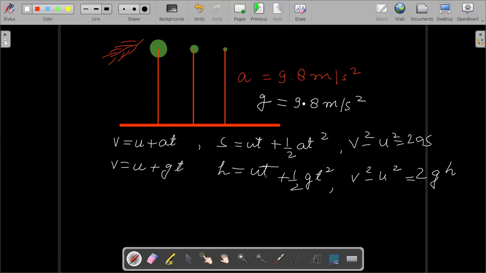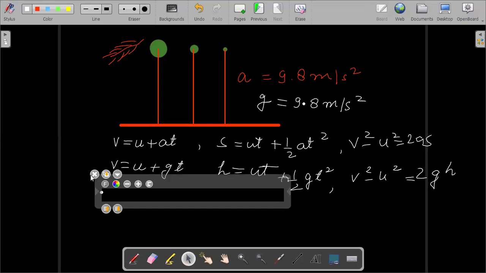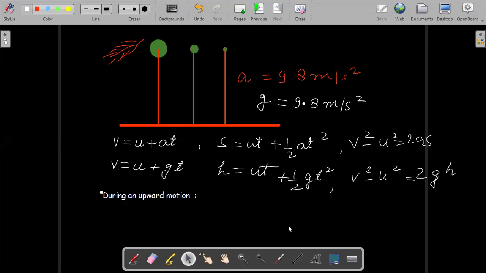See what happens during the upward motion. Upward motion means we are throwing the ball to a certain height.